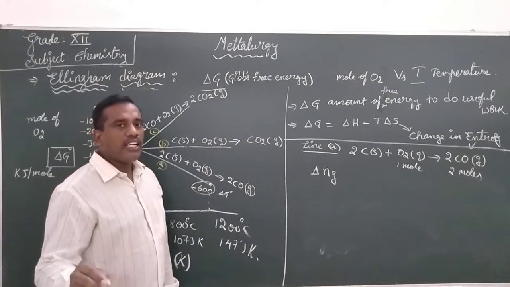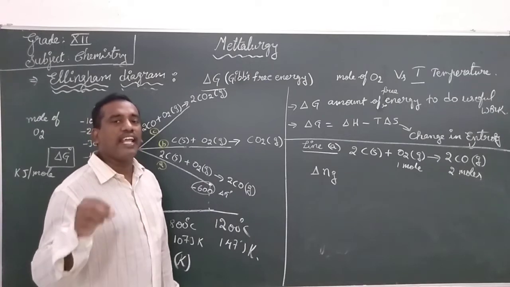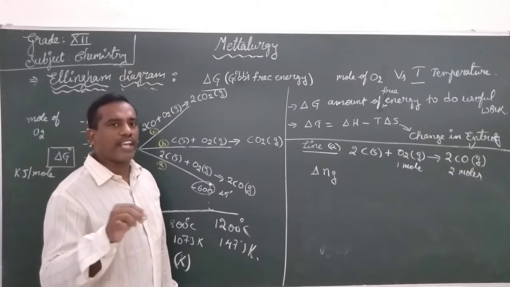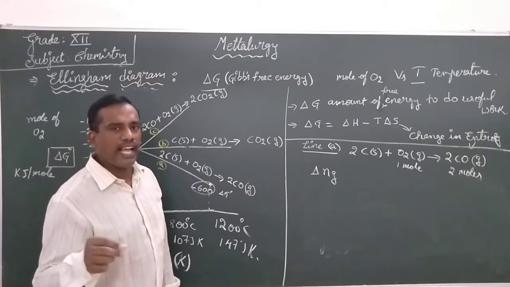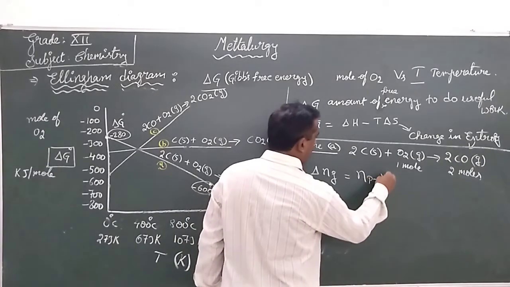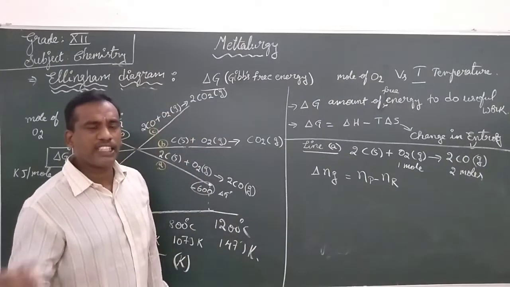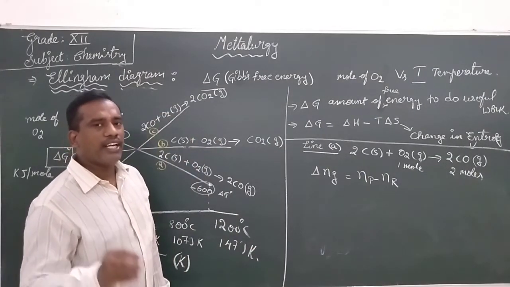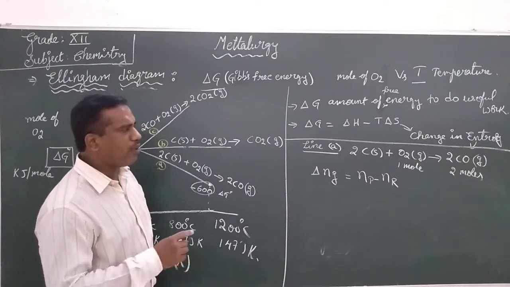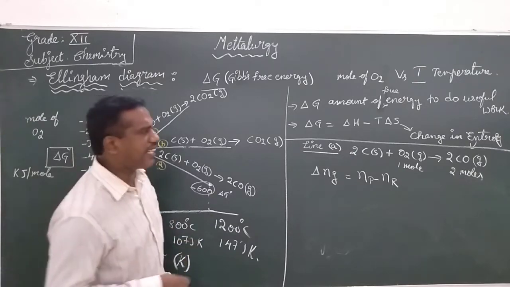The change in number of moles of gaseous substances in a reaction. It is given as number of moles of gaseous products minus number of moles of gaseous reactants.